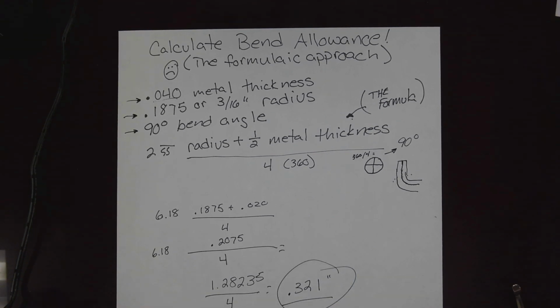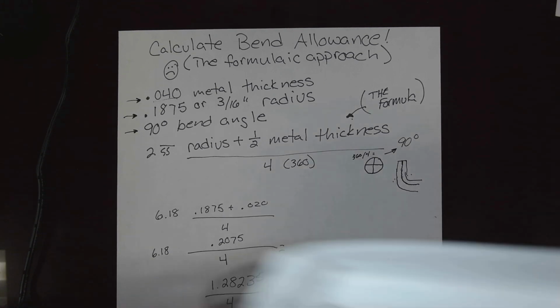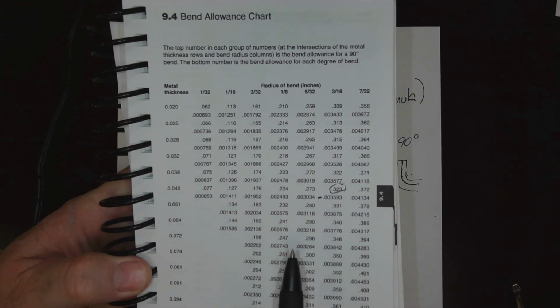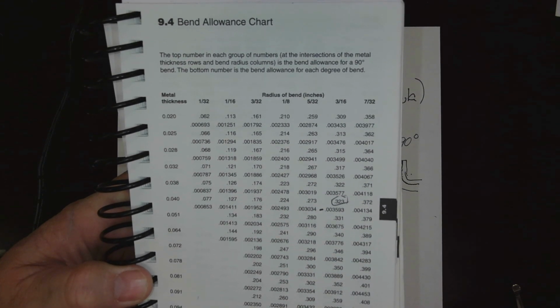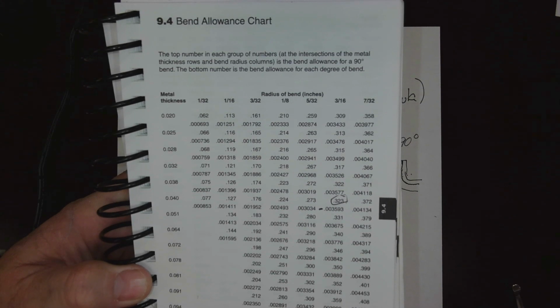You go, well, there's some difference there. Yep, there's 0.002 of an inch of difference, and it has to do with decimals and rounding and calculator use. On the formula charts, like I had just shown you, they have done a lot of long decimal stuff. I rounded some things off, so we're that far apart.